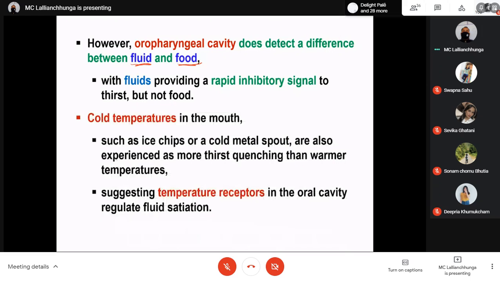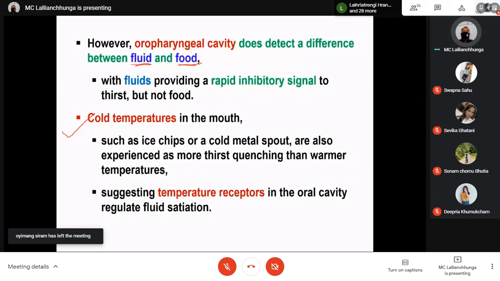Cold temperature in the mouth, such as ice chips or a cold metal spout, is also experienced as more thirst quenching than warmer temperatures, suggesting temperature receptors in the oral cavity regulate fluid satiation. I think we know this very well. If you drink warm water when you are very thirsty, you have to drink a larger volume because the temperature is somewhat high, so it will not satiate the thirst center easily.